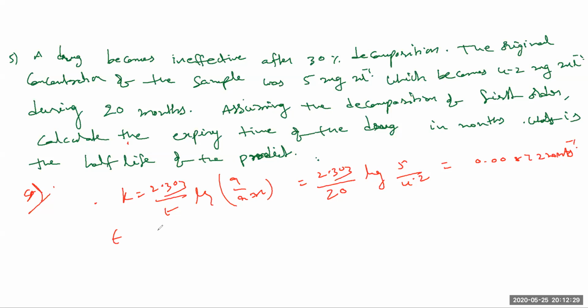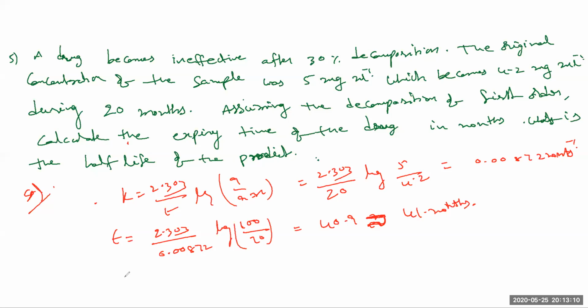Then T is equal to 2.303 by K value 0.00872 into log of A, here A is 100. So 100 minus 30% decomposition means 100 minus 30, which is 70. By calculating you will get exactly 40.9, approximately equal to 41 months.